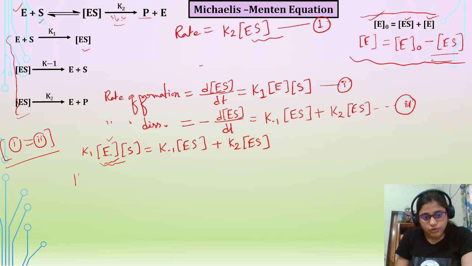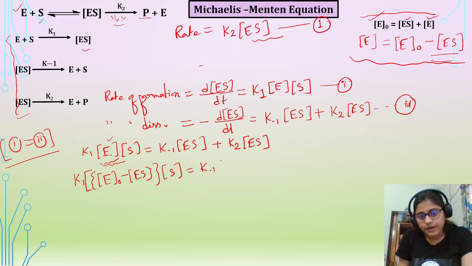Okay. So after putting the value in K1, what will be the expression? K1 into E0 minus ES, and here S is multiplied, will be equal to K inverse ES plus K2 into ES.